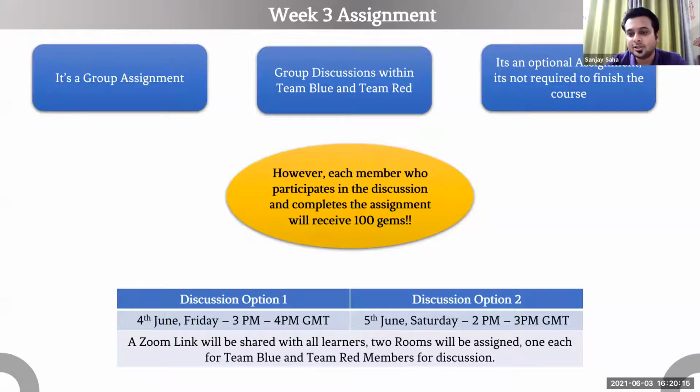Right now, let's say 16 or 18 of them are following the course in its current calendar. It doesn't matter how many people are there. Out of both teams, that team will win where more people participated in the online session and submitted their assignment. So it doesn't matter how many people are in each team or who is doing the course or not.